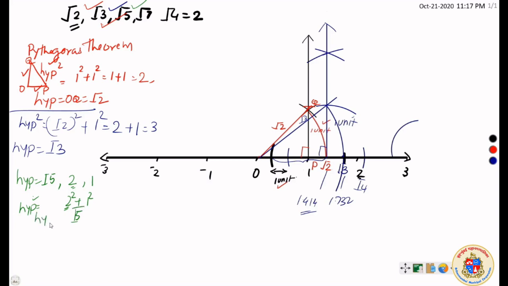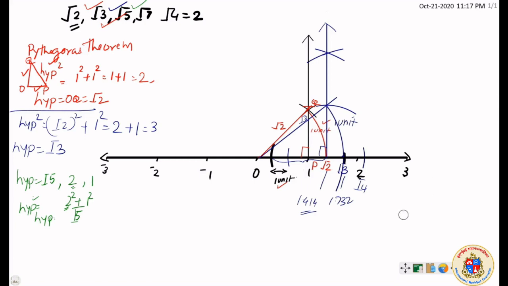So let me go for that. First I have to draw a perpendicular at 2. Drawing a perpendicular, I have already shown you 2 times, in the case of a perpendicular at 1 and a perpendicular at root 2. So here, instead of using the compass and all, I am going to straight away draw a perpendicular in order to save the time of the video, I would say.